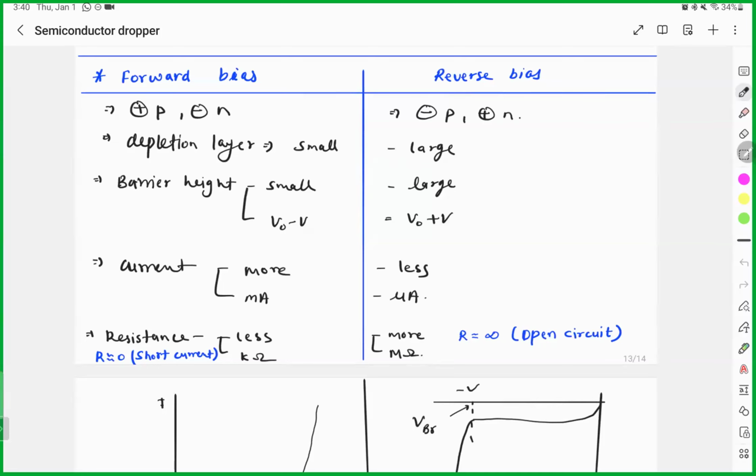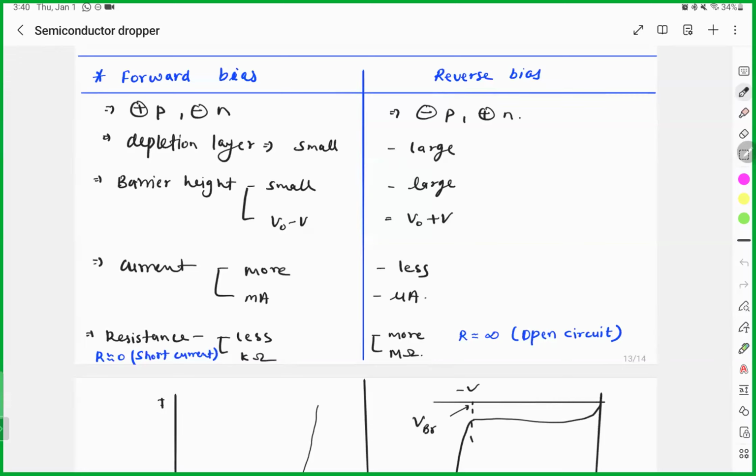The simplest way: forward bias is almost like a simple wire, maximum current, and reverse bias is almost an insulator, negligible current. When there is maximum current and minimum resistance, it is short circuit. In case of reverse bias, too much resistance and less current, open circuit.